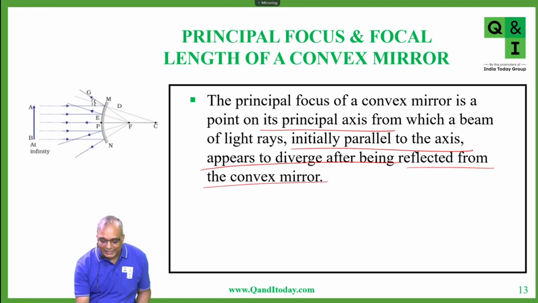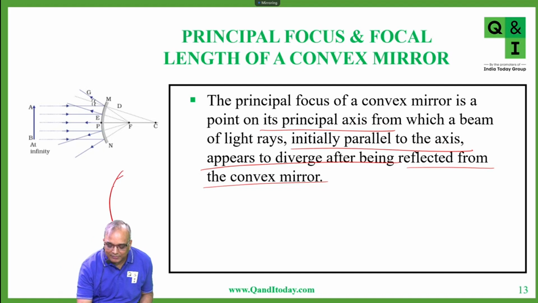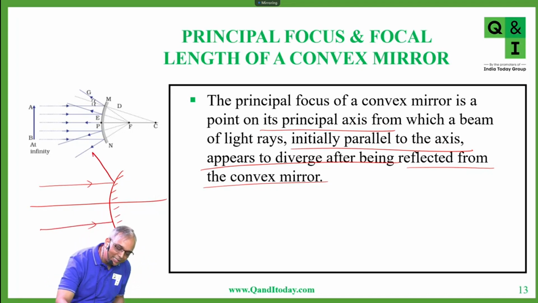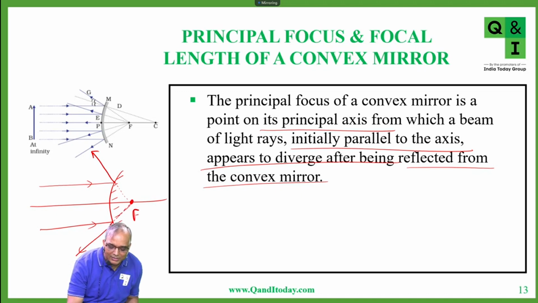So, for example, this is your convex mirror. The light rays which are parallel to the principal axis will diverge after reflection. And when you extend it backwards, these diverging rays will appear to be coming from this point.